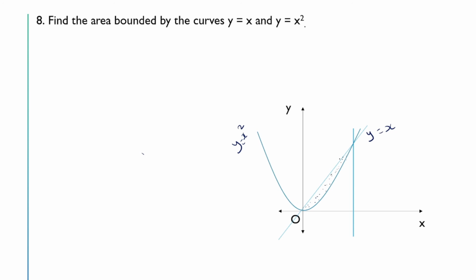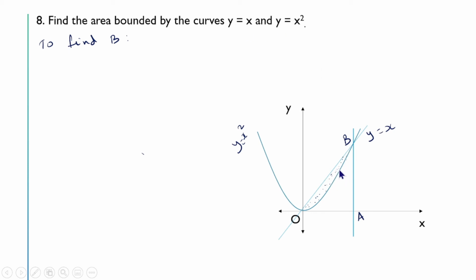Now how to find the area of this dotted region? We can find this area only when we know this point, that is the point A. Now to find the point A, we will find the point of intersection of these two curves, which is B. So we need to find the coordinates for B. How we can find the coordinates for B is nothing but we need to solve these two equations.